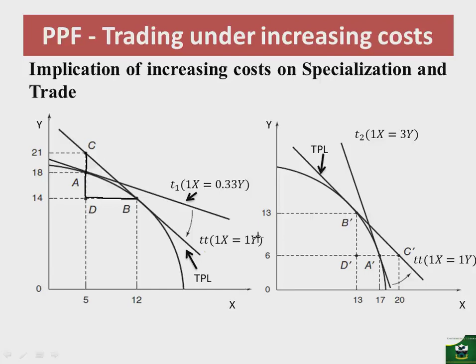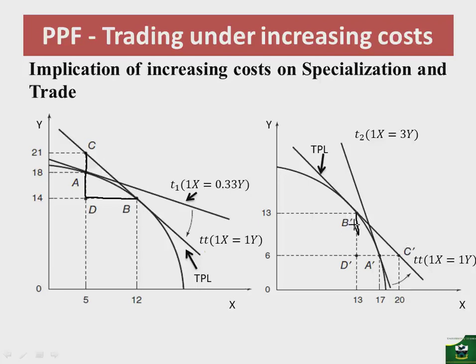In a similar way, we see that for nation 2, which also wants to consume the autarky level of commodity Y after trade, the trade possibility line, which is this one here, will give us a consumption point, where we note that 7 units of Y are exported and 7 units of X are imported, and we're talking about this area here.